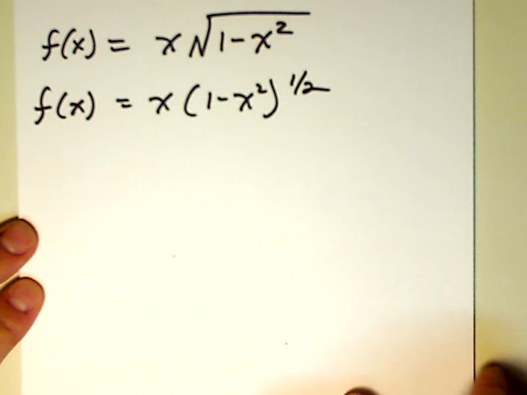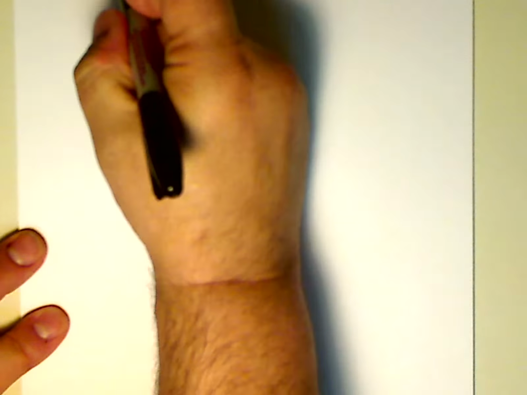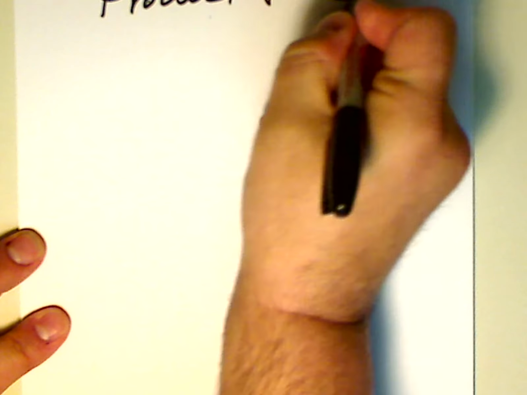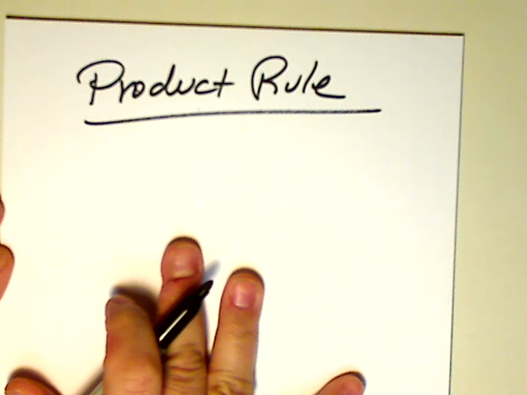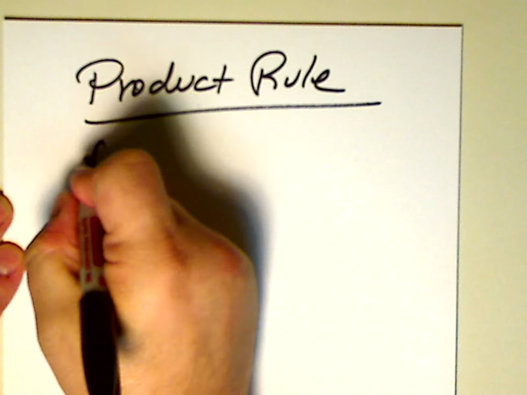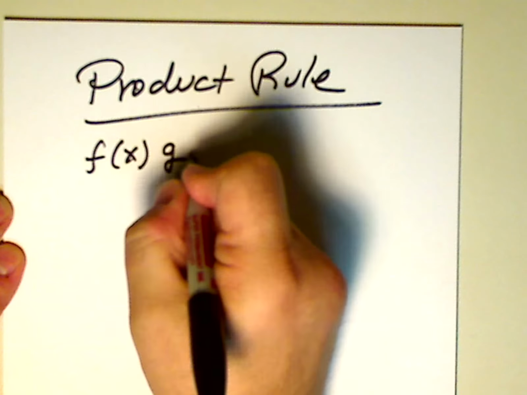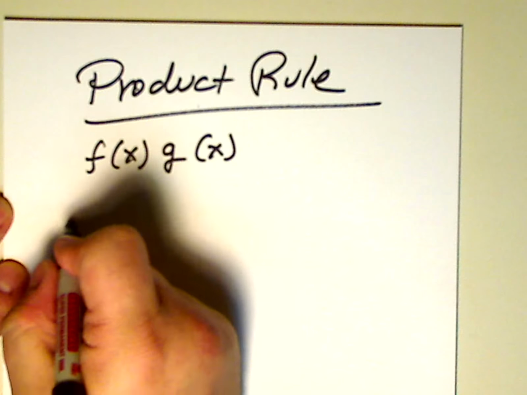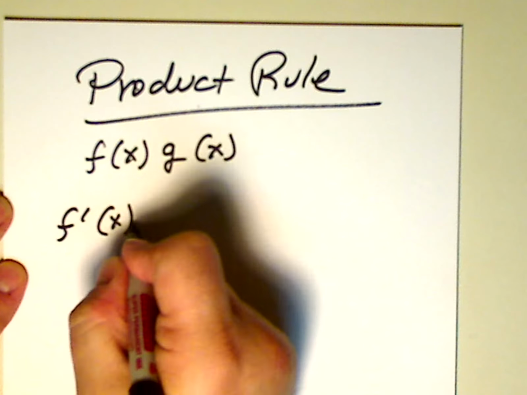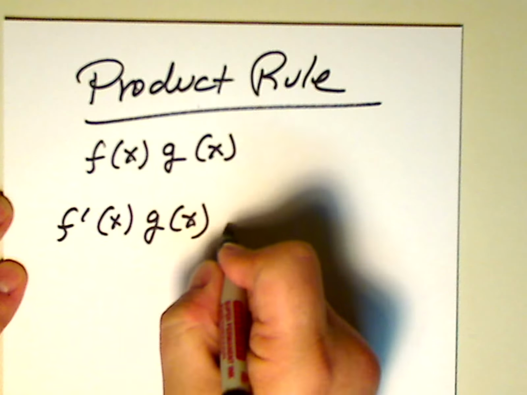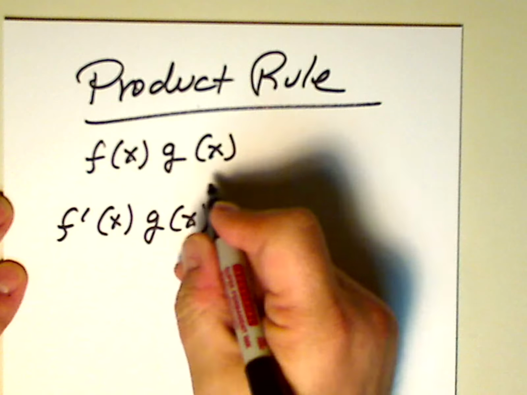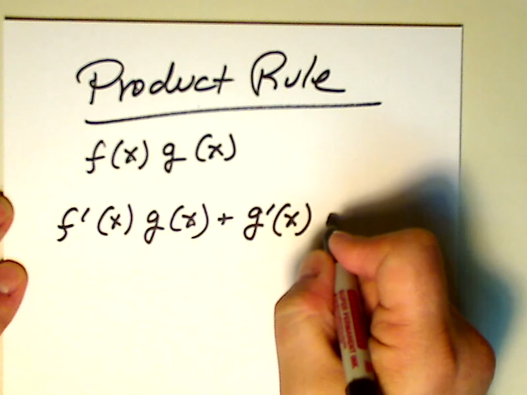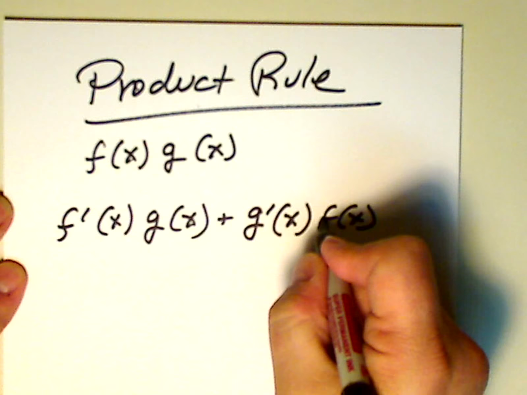This is a product rule problem, and if you recall the product rule, let's write that out here. Product rule. We have two functions, f of x and g of x, so to differentiate them, we're going to take the derivative of f and multiply it by g, and then we're going to add to that the derivative of g, the second, times the first function, f of x.